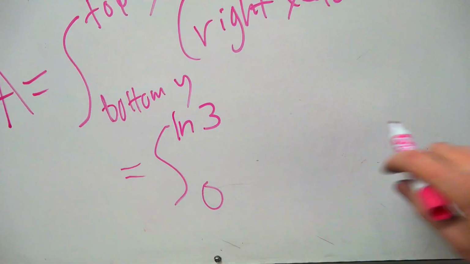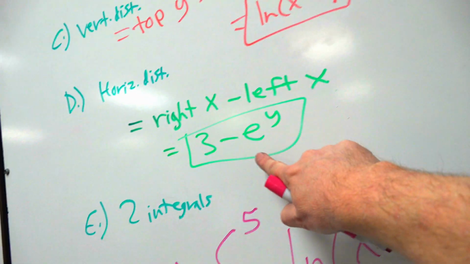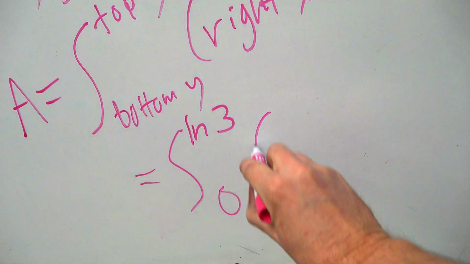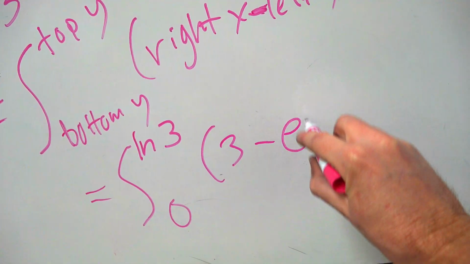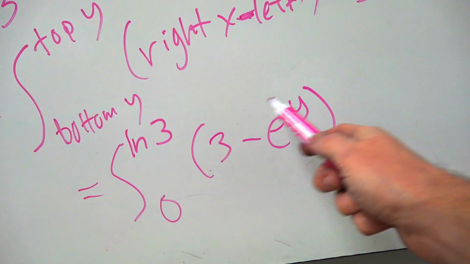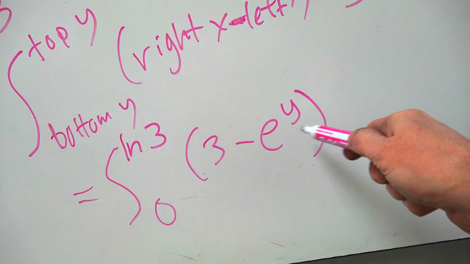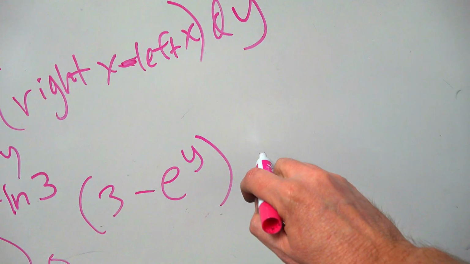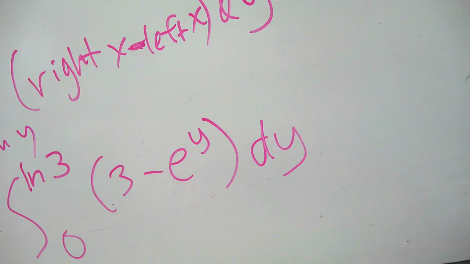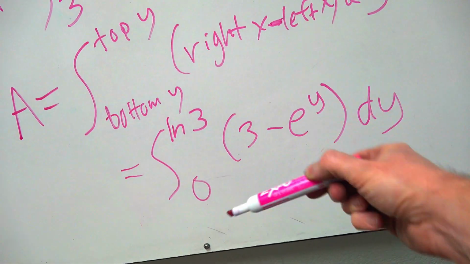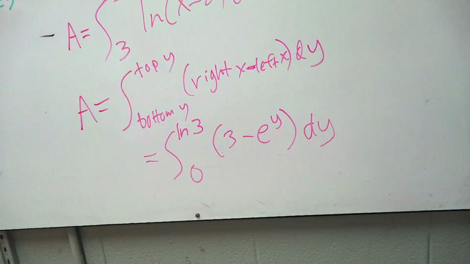And then horizontal distance, right x minus left x, we already did it. 3 minus e to the y, in parentheses. 3 minus e to the y. Notice that the function contains y's, not x's. That's another reason you have to have dy. And those are y numbers. So everything's in terms of y now, all right?